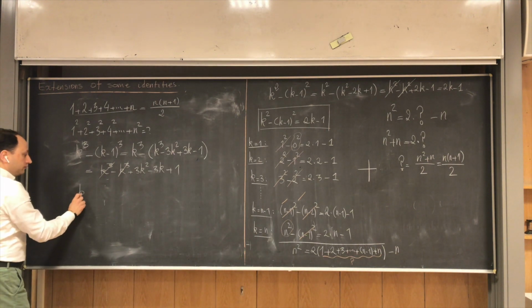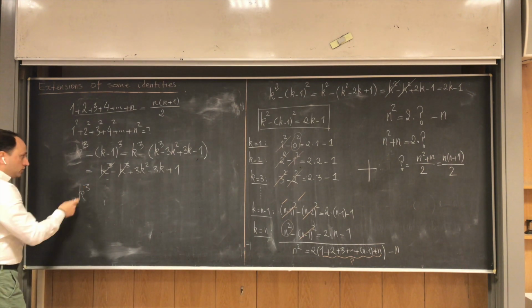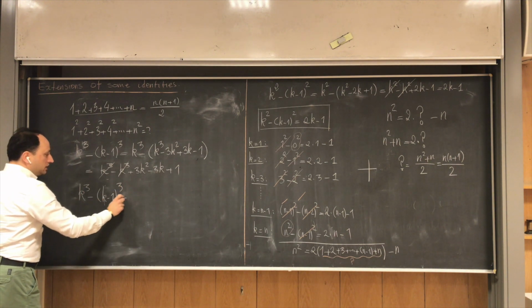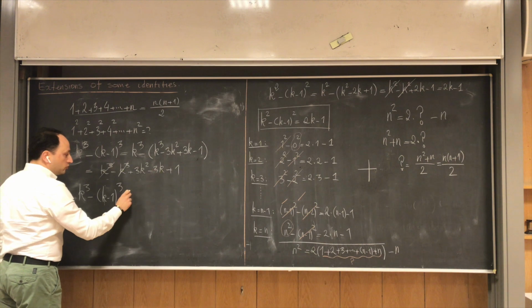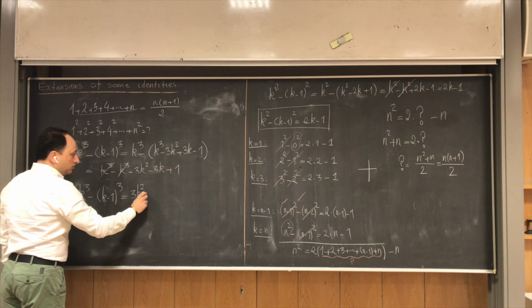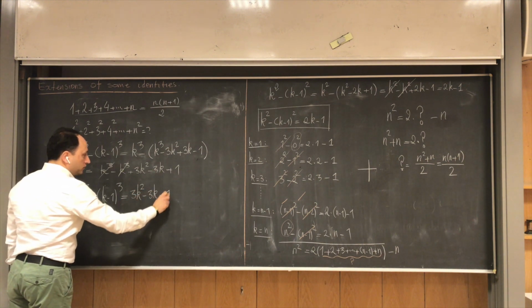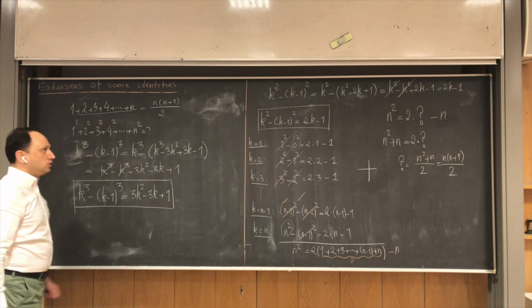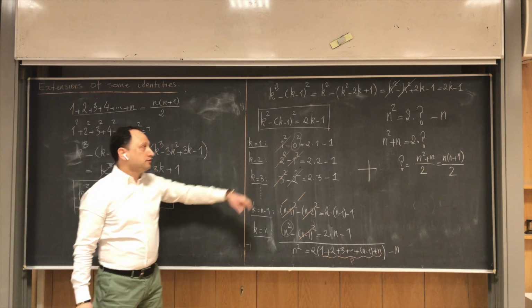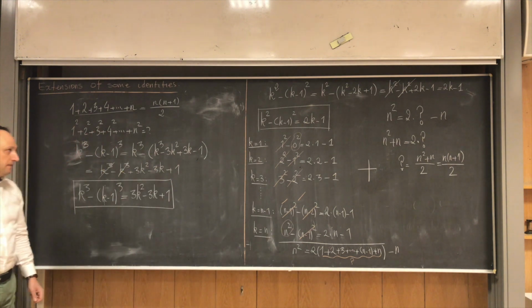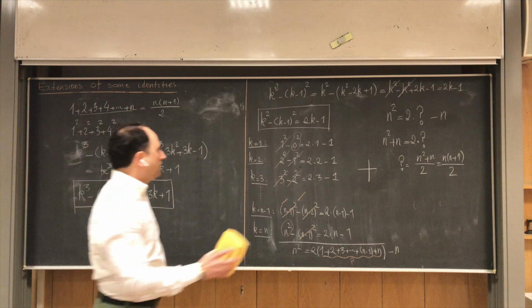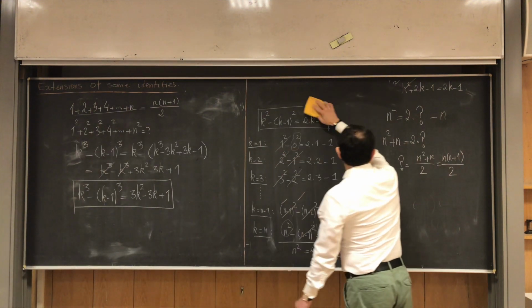So let me write the formula that I will need. k to the 3 minus k minus 1 to the 3 is equal to, what is left for me, 3k squared minus 3k plus 1. This is the formula that will play the role of that formula for this case. Yes? But the idea is very similar.